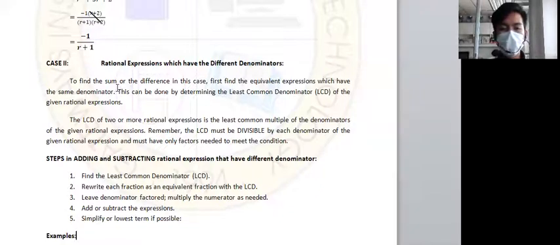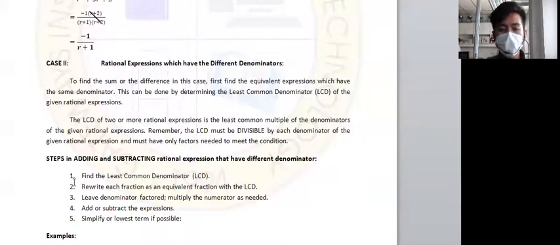So to find the sum or difference in this case, first, we need to find the equivalent expression which have the same denominator. This can be done by determining the least common denominator or tinatawag po nating LCD of the given rational expression.